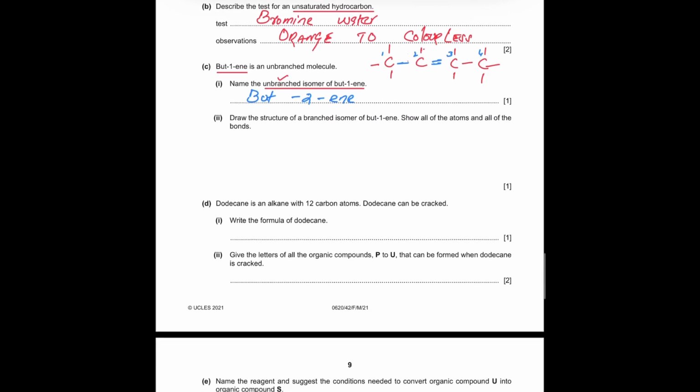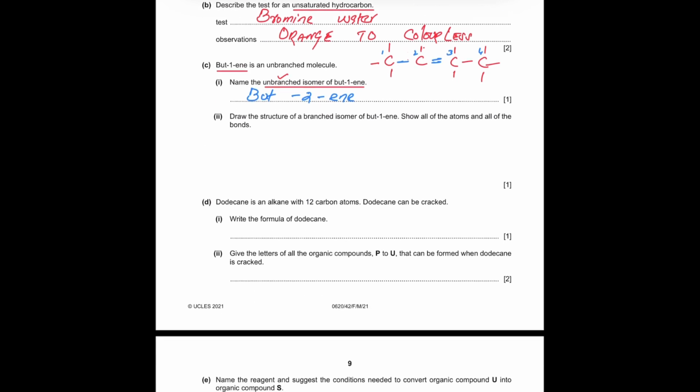Okay, next, draw the structure of the branched isomer. Now we have to draw the branched structure. So here we have four carbons, 1, 2, and 3. So it will be branched. I'm going to make a branch over here. Now the double bond, I'm going to mention the double bond here, branched isomer.